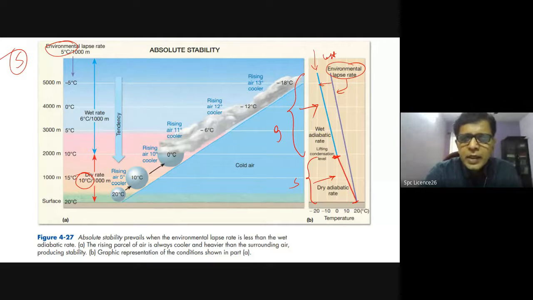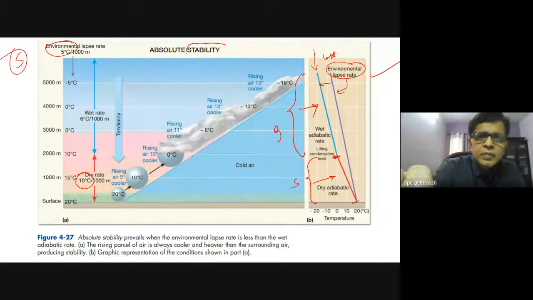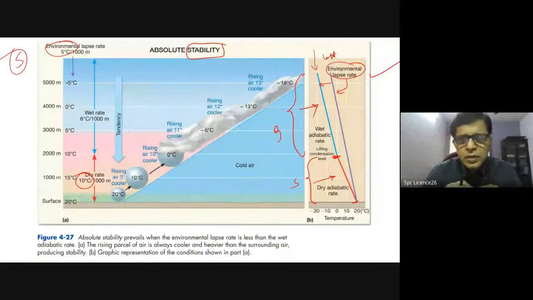As long as any curve of any rising air mass is to the left of the environmental lapse rate, you are going to have stability. This is the simple way of understanding what stability is. The curve has to stay to the left of the environmental lapse rate.